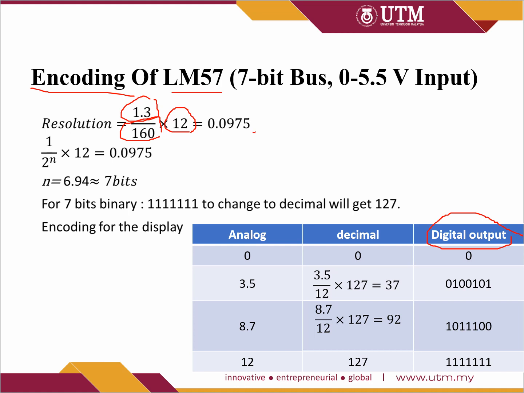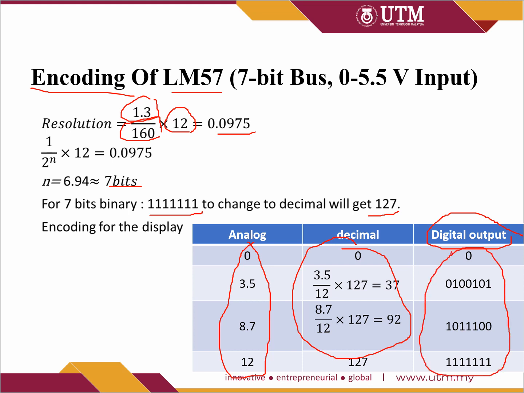We get the resolution, and from the resolution we get the number of bits of this sensor, 7 bits. For the 7-bit binary number we get the decimal number 127. By using this table, we change the analog numbers to decimal, and then we get the digital output code.